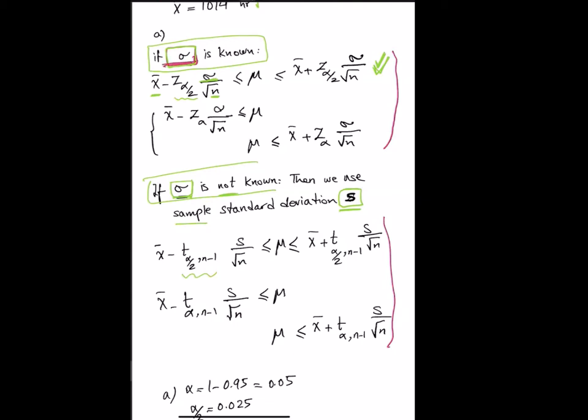If it is given to you, use one of the formulas in the first set. If it is not given to you, use one of the formulas in the second set. If you use one of the formulas in the second set, then make sure to use the T and to use the S, standard deviation of the sample, instead of a standard deviation of the population. Other than that, there is nothing tricky about constructing confidence interval.